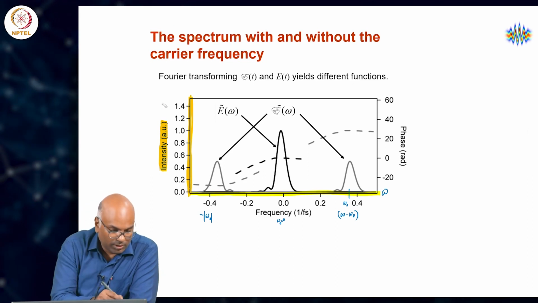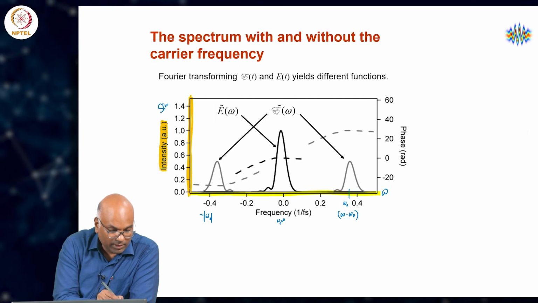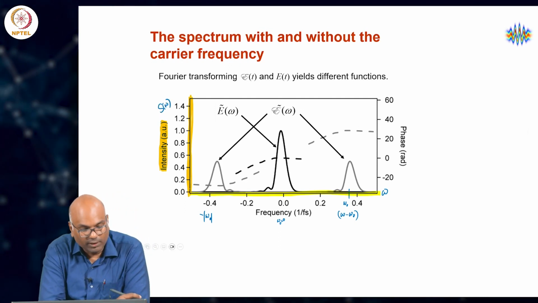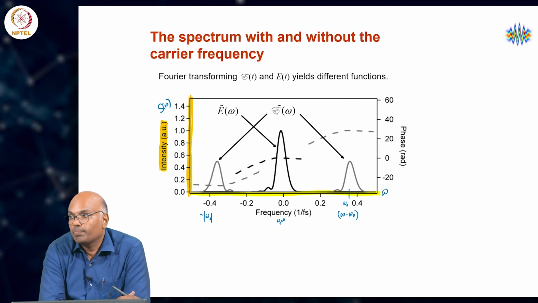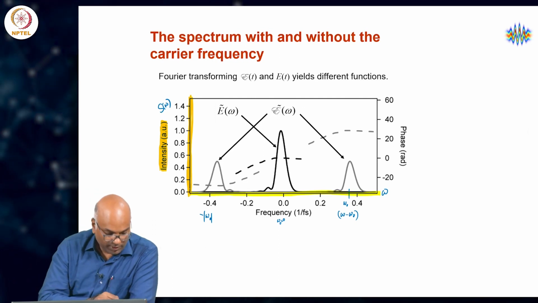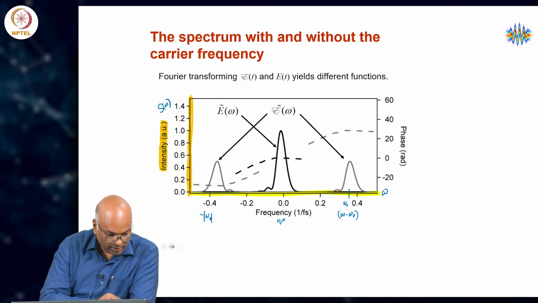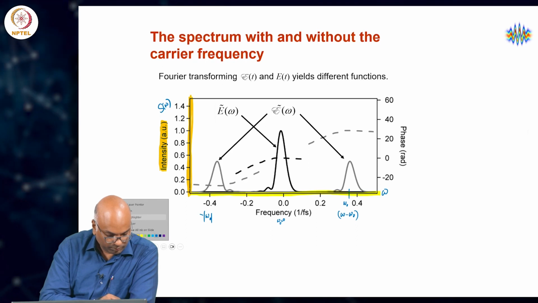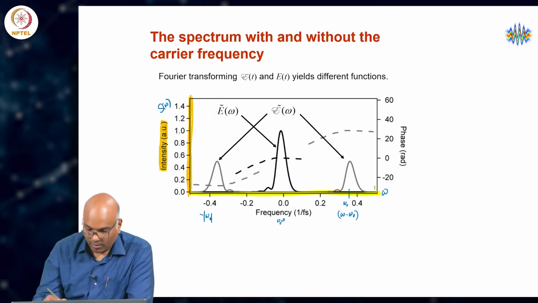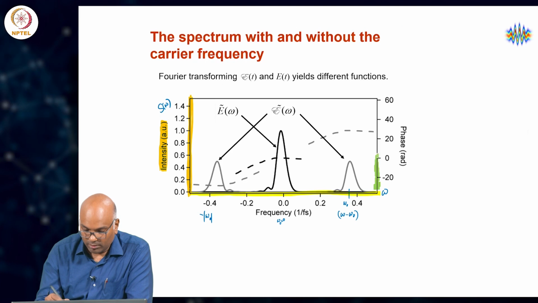So spectral intensity is S of omega. But here we used again another axis on the right.